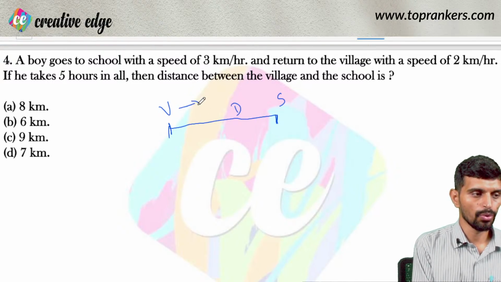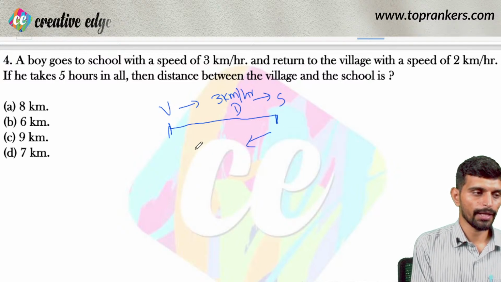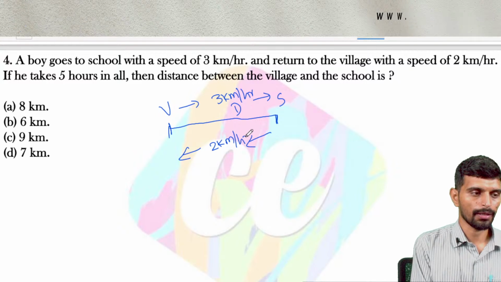So when he goes from village to school, his speed is 3 km per hour, and when he comes back, his speed is 2 km per hour.